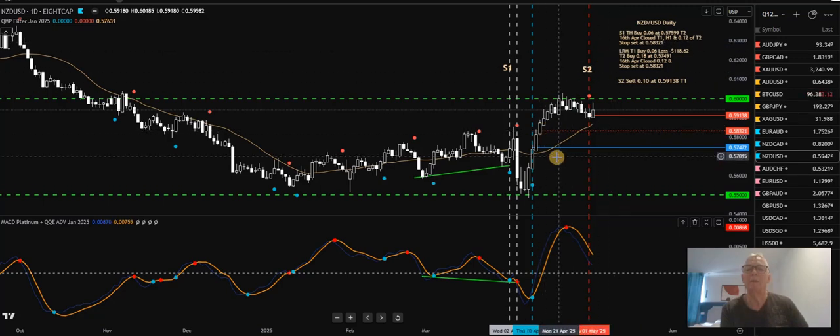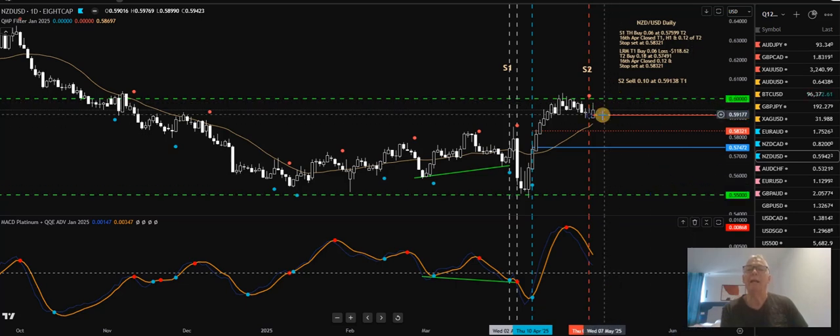All good. Then I've taken a sell on yesterday, Friday. Took a sell, and it's sort of not going that well at the moment. There's a nice big round number here, which gives me a bit more confidence. 60-cent level in the New Zealand USD. This is a 55-cent level down here.